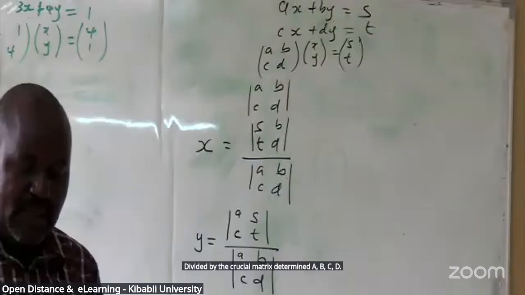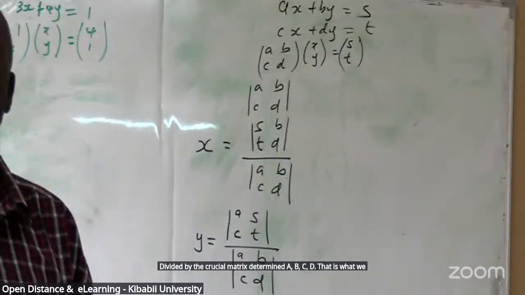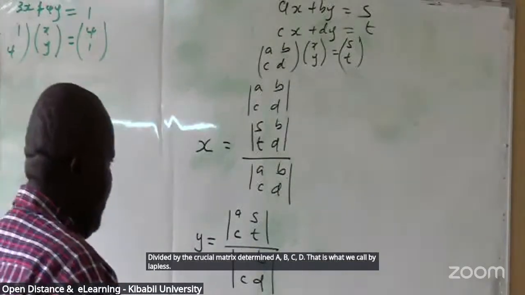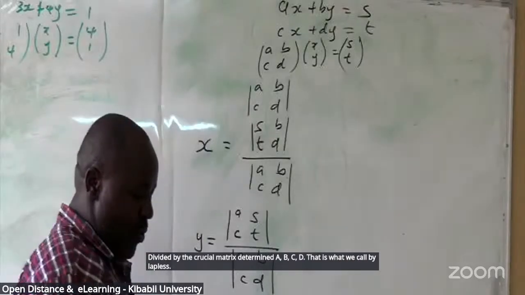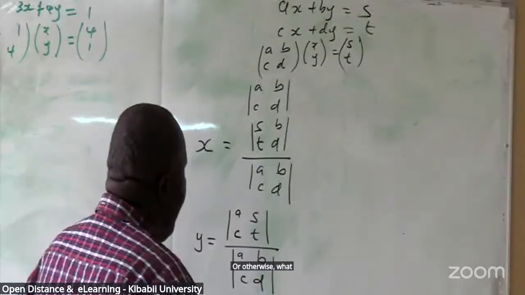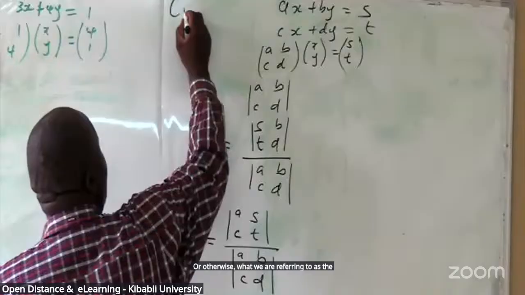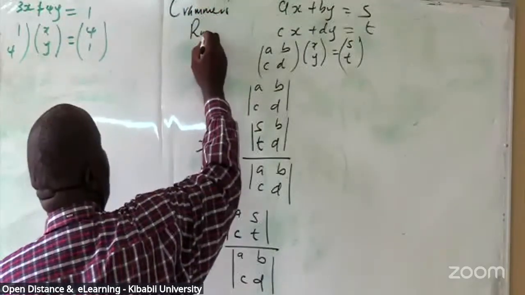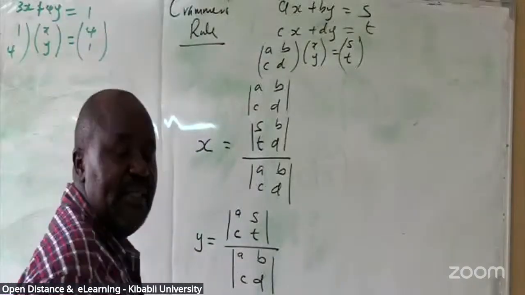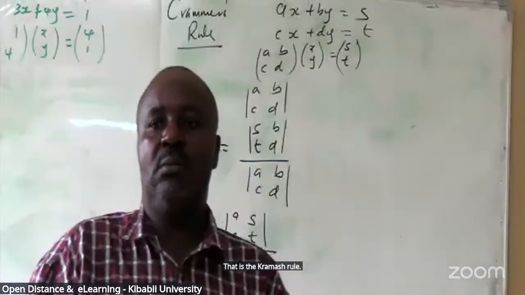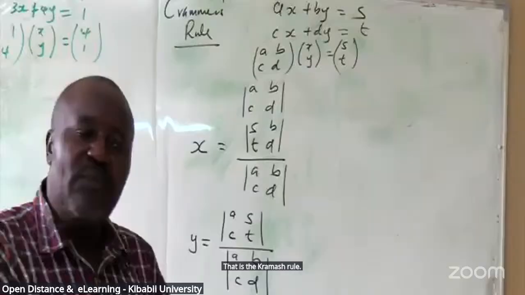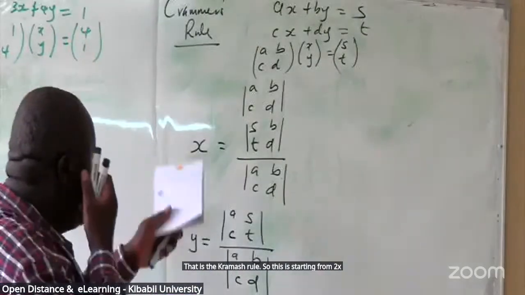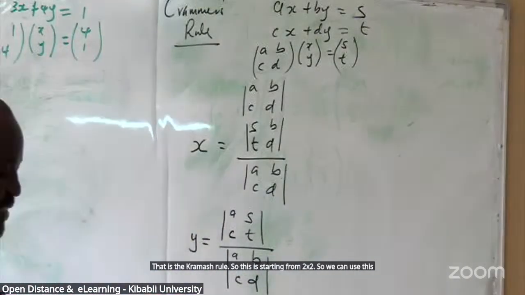That is what we call the Laplace method, or otherwise what we are referring to as Cramer's rule. So this is starting from 2 by 2, and we can use this to solve our other systems.